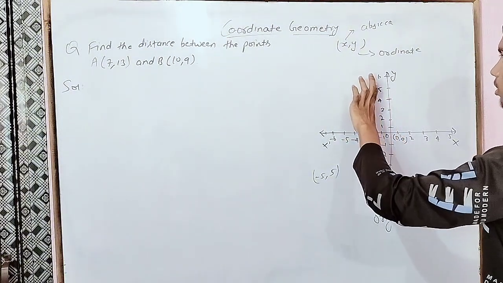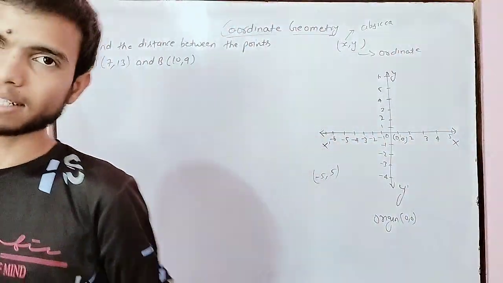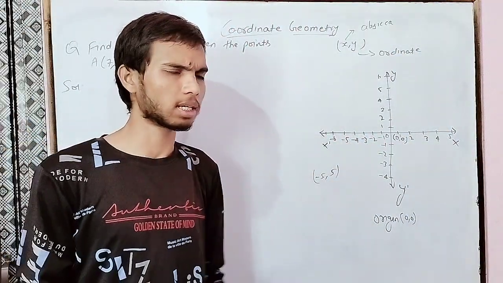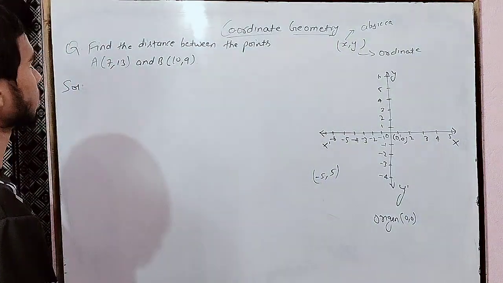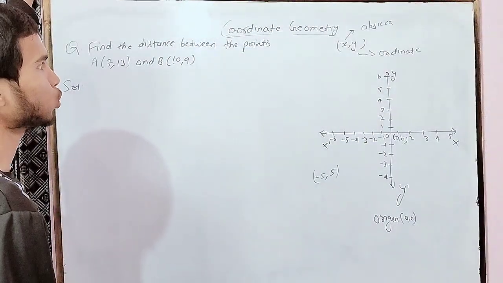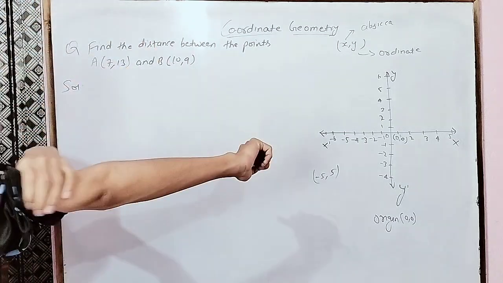This is one part. Now we had learned all these basics in 9th standard, but as a revision I was telling you. Now we are going to do some questions based on this. The question is saying find the distance between the points.